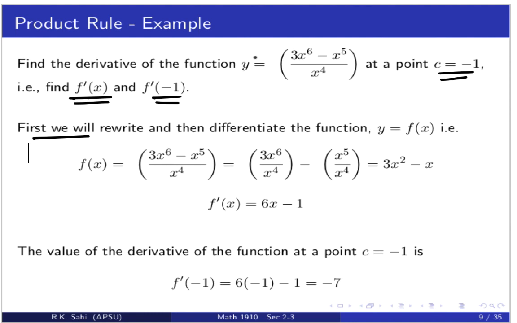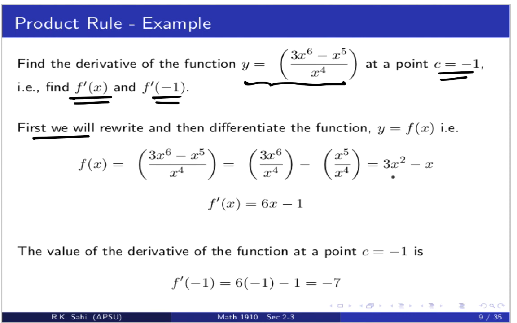We have not yet learned a rule where we have one expression over another. But if you recollect what I did in the basic differential rules, if you have an expression where there's only one term in the denominator, then you can take every individual term in the numerator and divide by that one term. So that's what I'm doing. And that makes it simpler because I can easily apply the rules then.